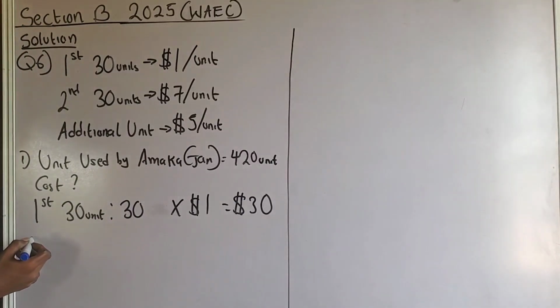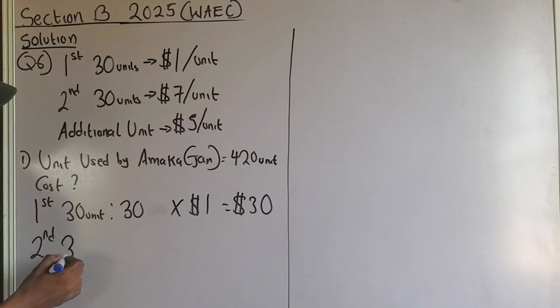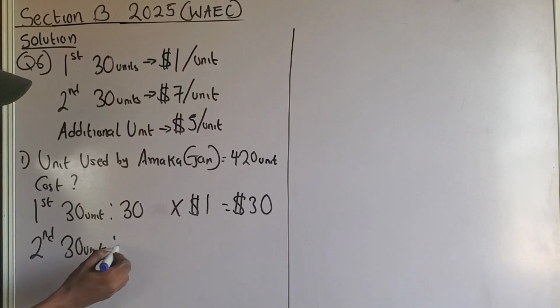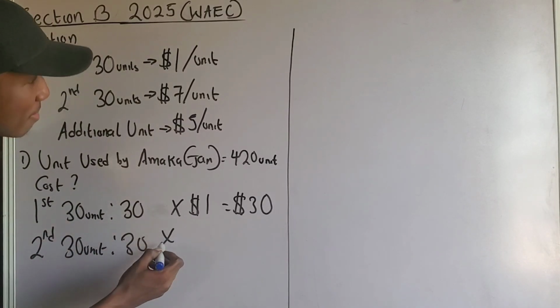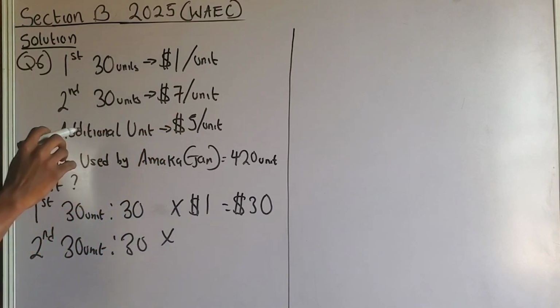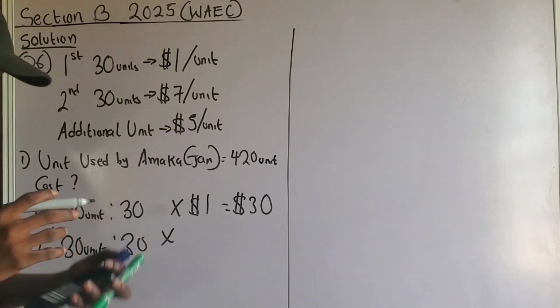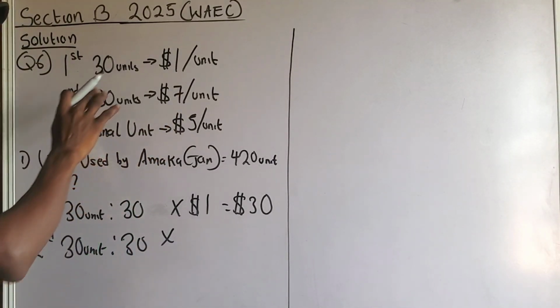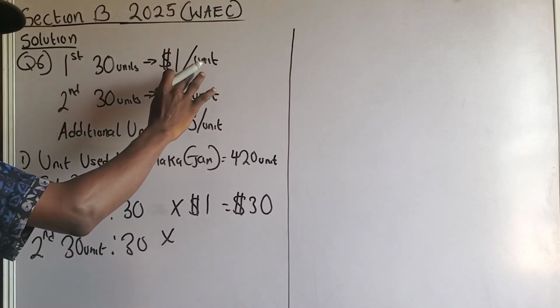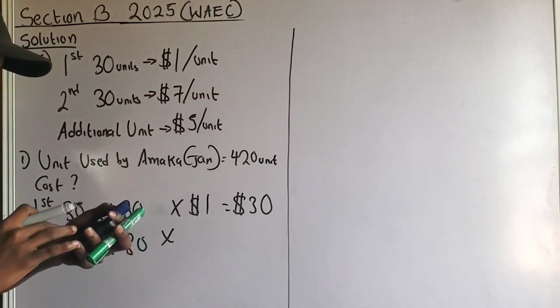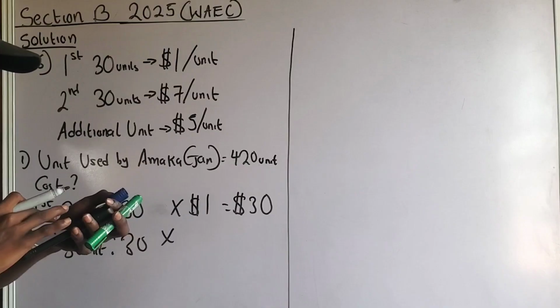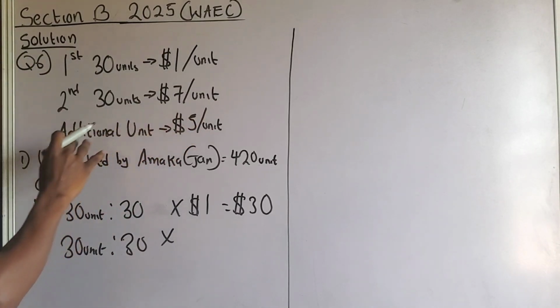Now, the next 30 units, let's call it the second 30 units. The second 30 units will be 30 multiplied by $7, because in the question we are told that the cost of the first 30 units is $1 per unit, and the cost of the next 30 units is $7 per unit.